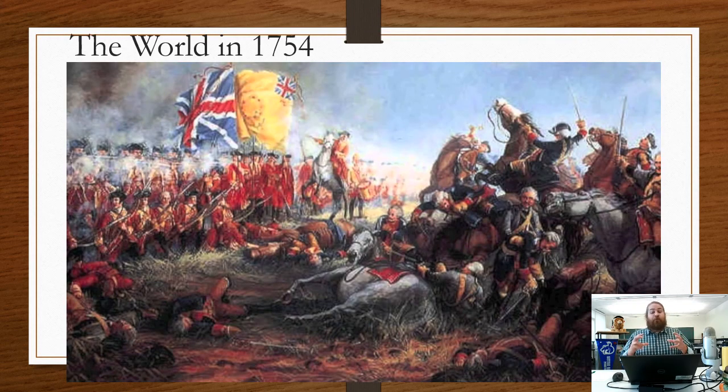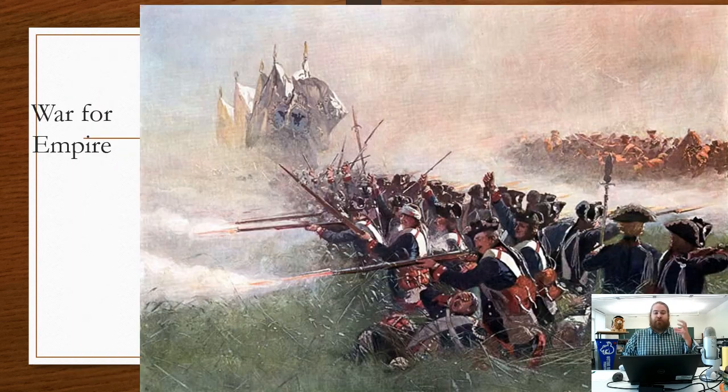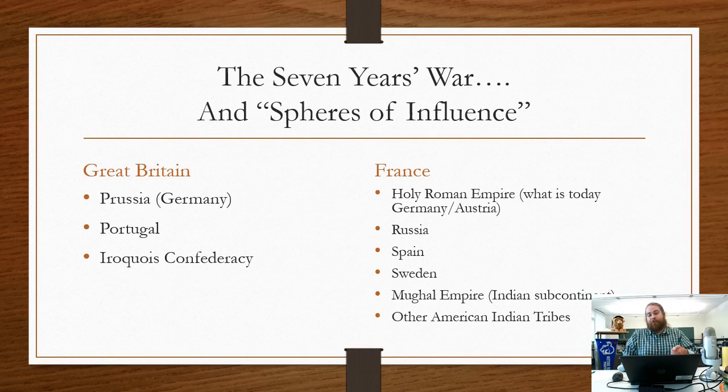And so in 1754, the world is at war. Almost every major country that has international presence is fighting. In a war to expand empires, in a war to seize colonies, of course, one of the main battlegrounds is going to be the Americas, where all these countries have staked a claim.